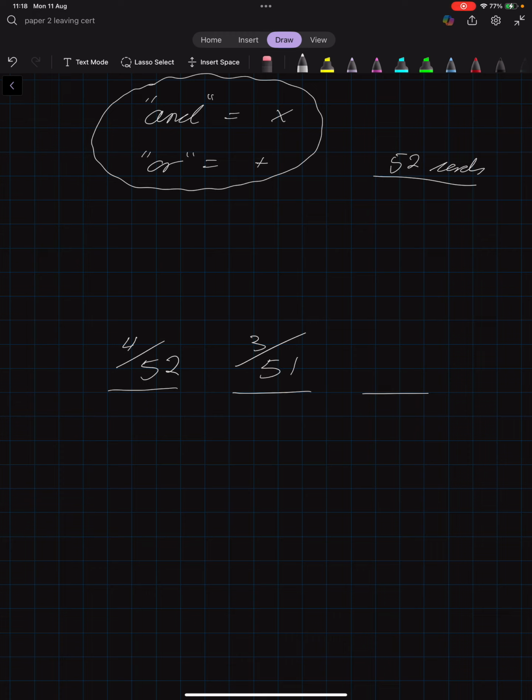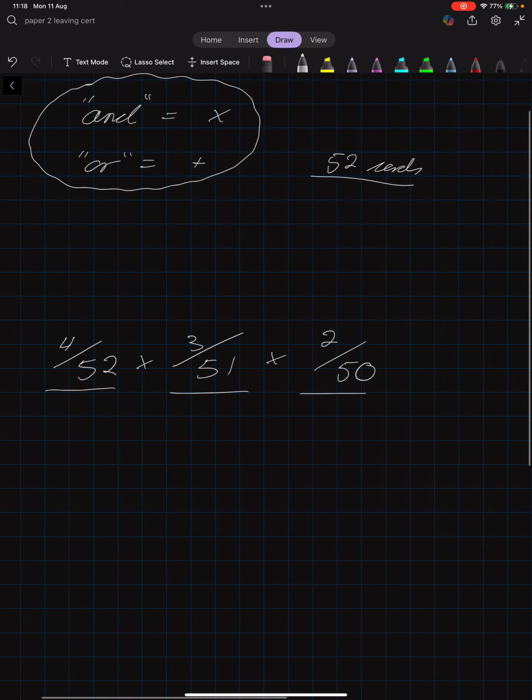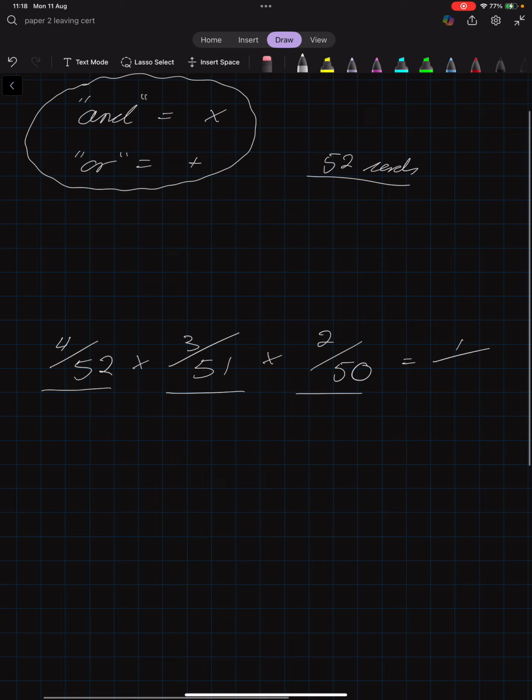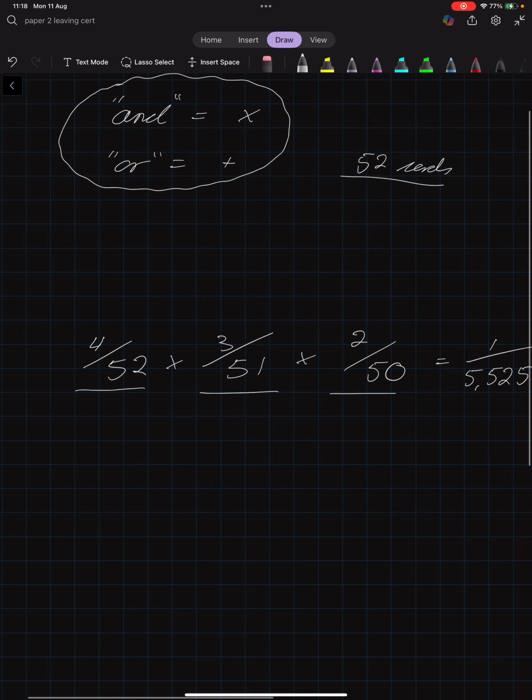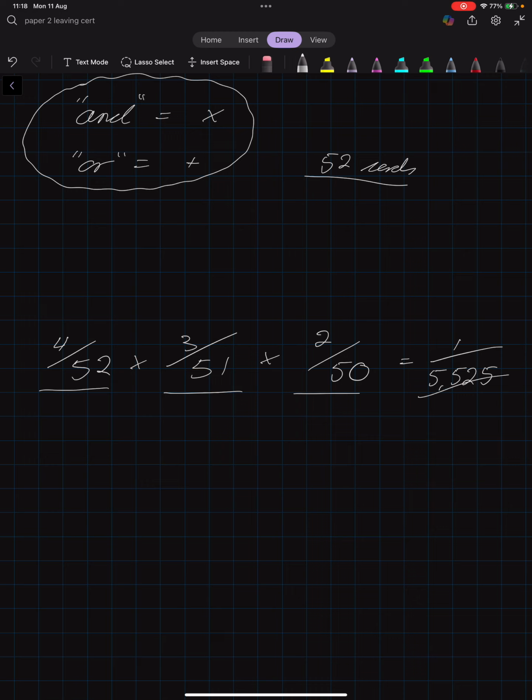And then now that you've picked another king, that means 2 cards are gone and 2 kings are gone, so there's only 2 kings left, and there's only 50 cards left. Okay? Now here, you multiply these probabilities, and you'll get 1 over 5525. That's not very important, but it's there.